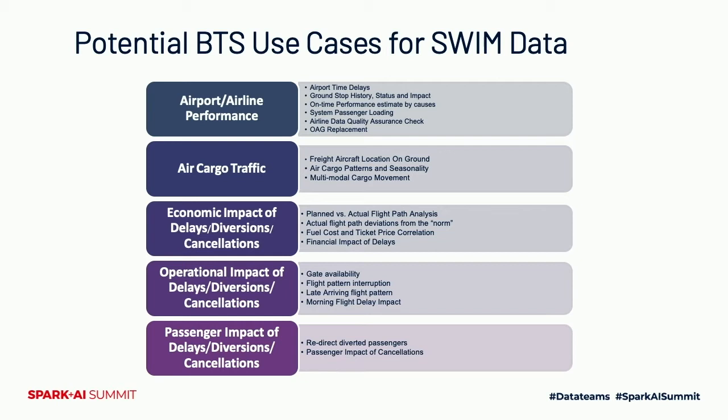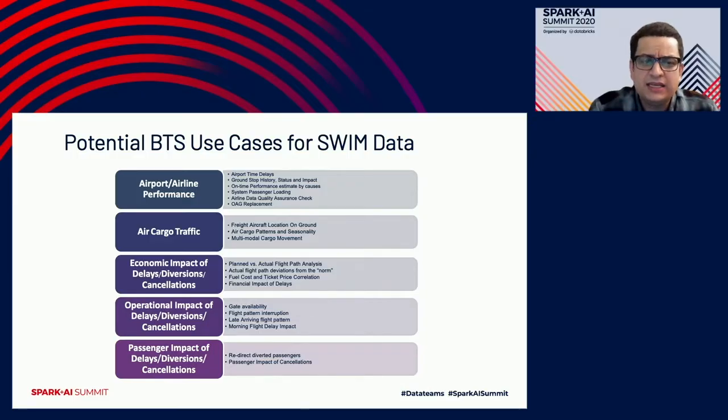Also air cargo traffic, economic impact of flight delays, diversion and cancellation, such as financial impact of flight delays and flight path analysis, operational and passenger impact of flight delays and cancellation, such as flight pattern interruption and late arriving flight patterns. And finally, the passenger impact of flight delays, diversion, and cancellation.